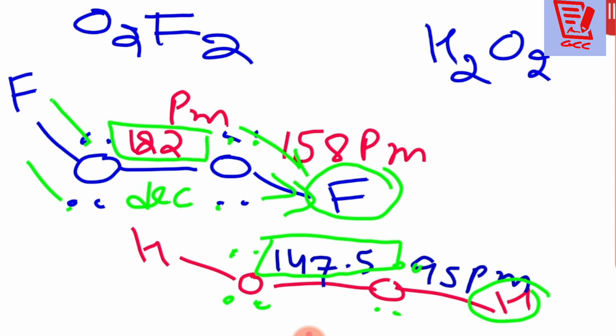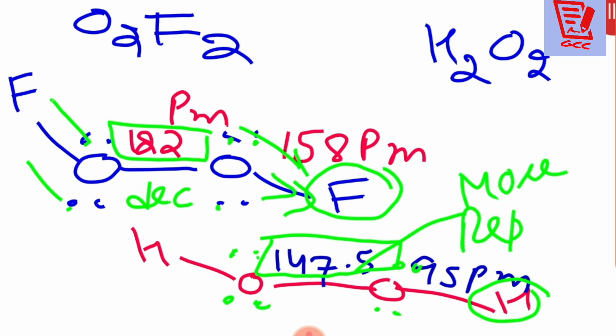So these lone pairs of oxygen will feel more repulsion, due to which oxygen bond length increases. Is that clear, beta? That is why there is a difference in the bond length of O2F2 and H2O2. Mainly we have to discuss only the bond length of oxygen and oxygen.